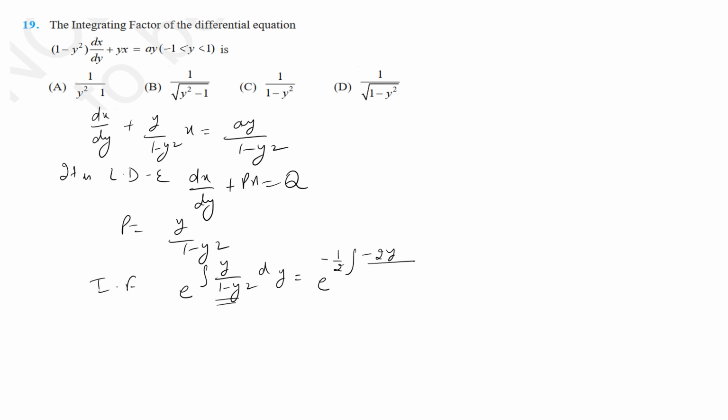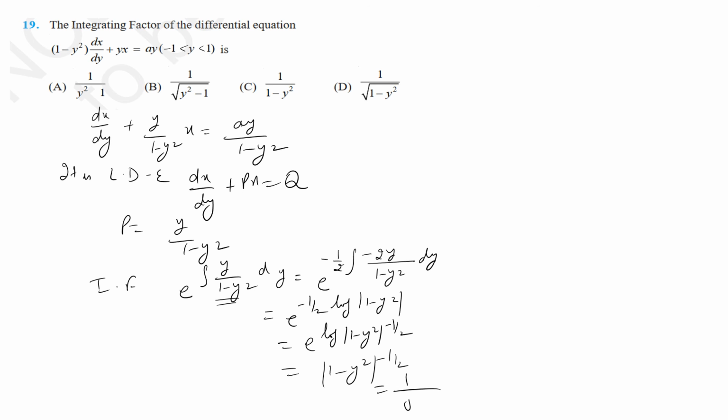Okay, so this becomes e raised to power minus half log mod 1 minus y square, which can be written as e raised to power log of 1 minus y square raised to power minus half. You cannot apply this inverse law otherwise, this negative sign is carried here. So it will be 1 minus y square raised to power minus half, which is 1 upon root 1 minus y square. Okay, which is the required integrating factor. So option number D is the correct answer.